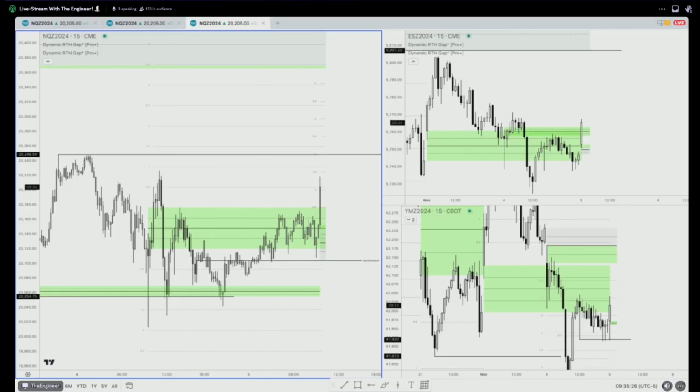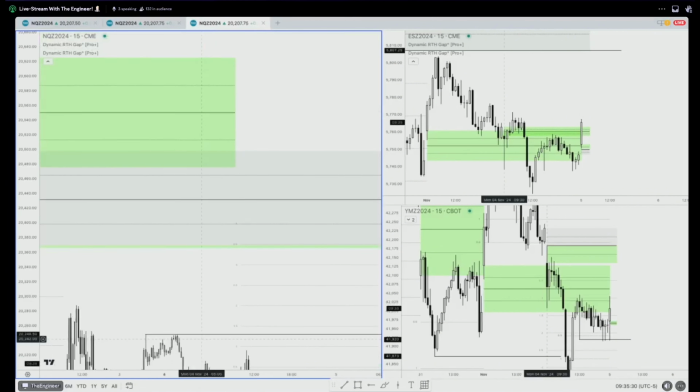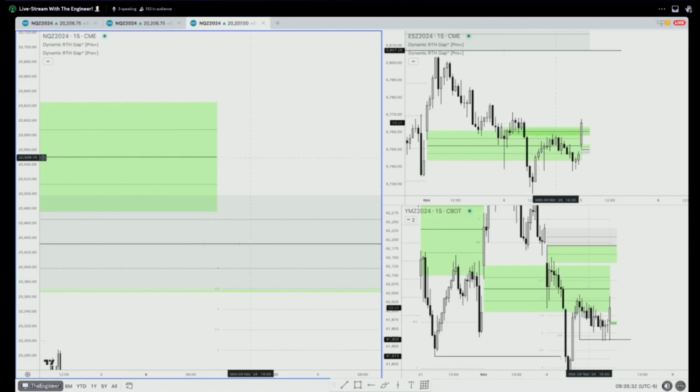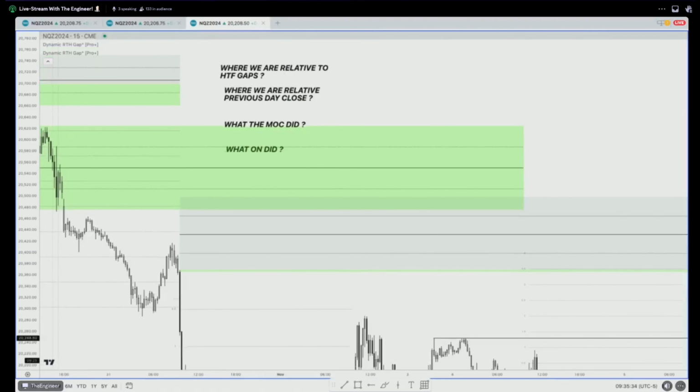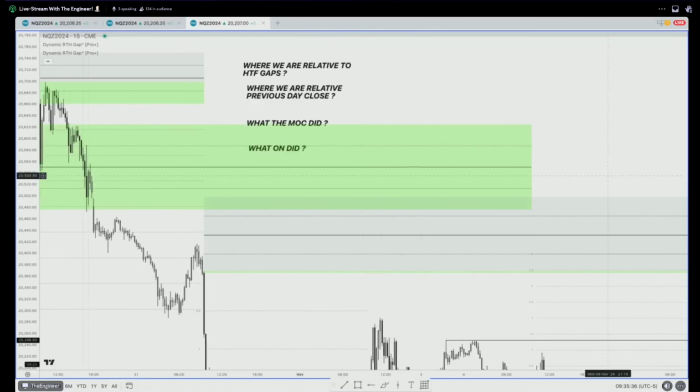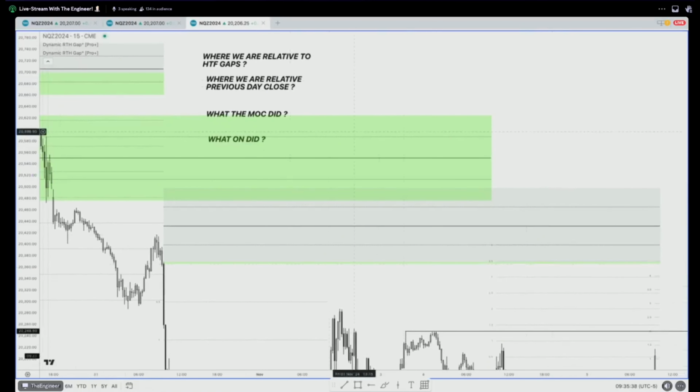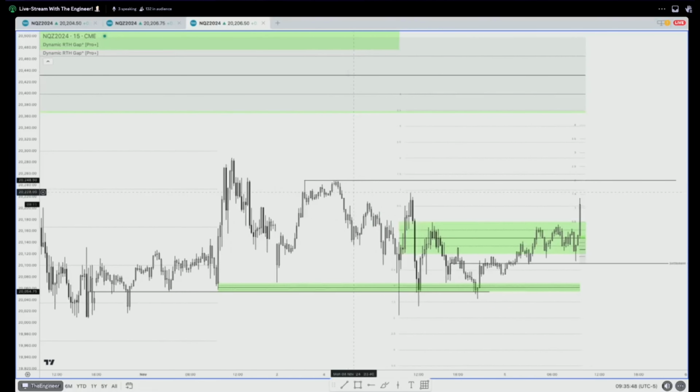This is based on the questions that I show you here above. This is my complete set of questions that I ask every day: where we are relative to these gaps, where we are relative to the previous close, what the market close is, and what the overnight session did.